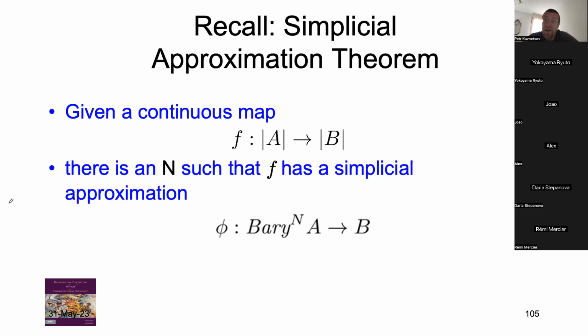The simplicial approximation theorem says that if you have a continuous map, then after a certain number of iterations we can approximate it by a simplicial map. So why do we need these iterations? What does it mean to iterate? The continuous map works with continuums. It takes a dense set of points and maps it to another dense set of points.